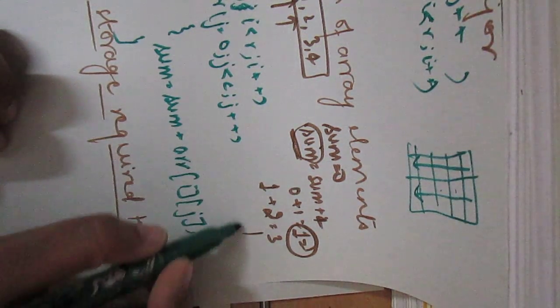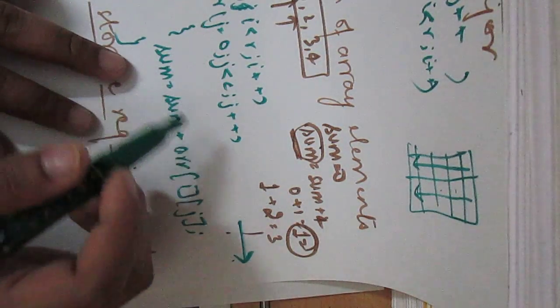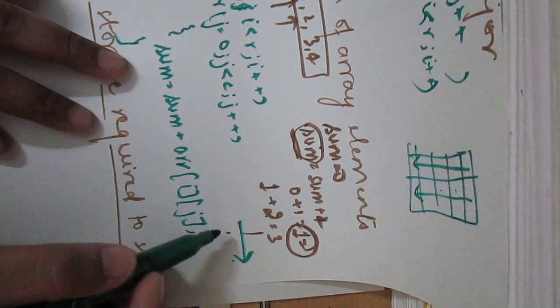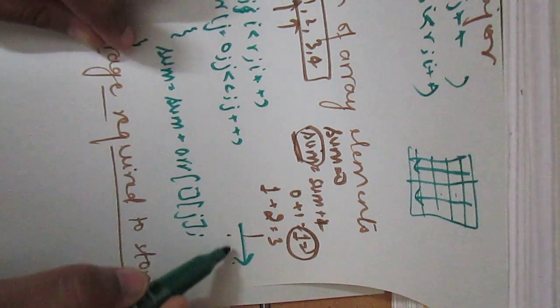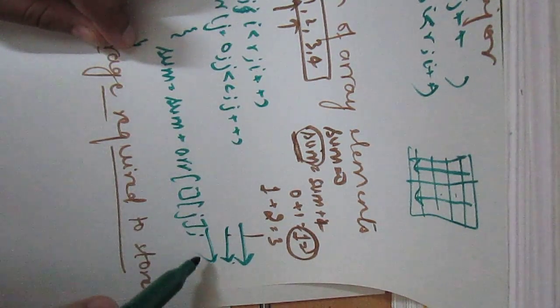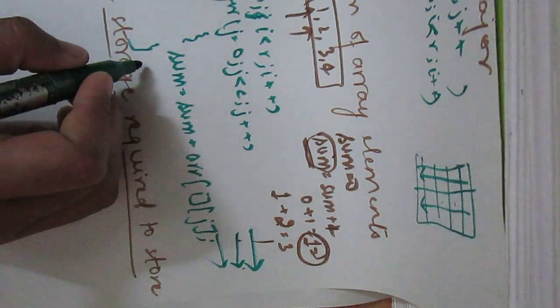We are accessing the first row. So the sum calculates the sum of the first row, and then will increment the I. Then we'll similarly calculate the sum of the second row, the third row, and however many rows we have. We'll calculate the sum of all the rows, and then finally we'll print the sum.